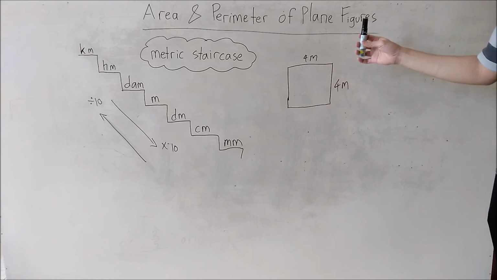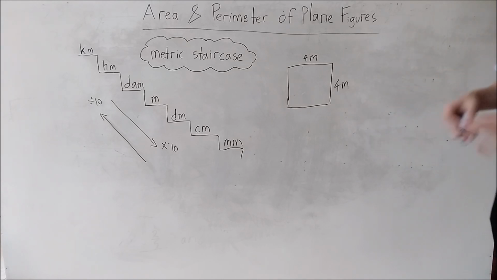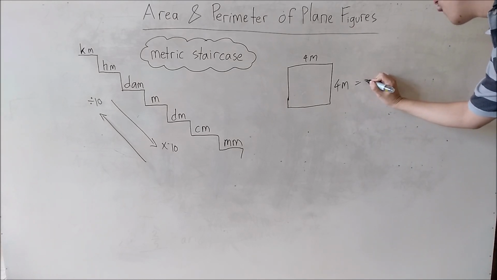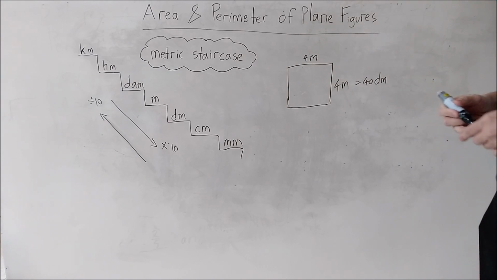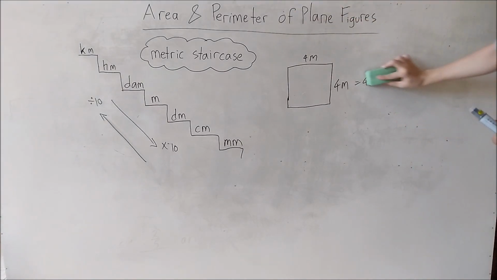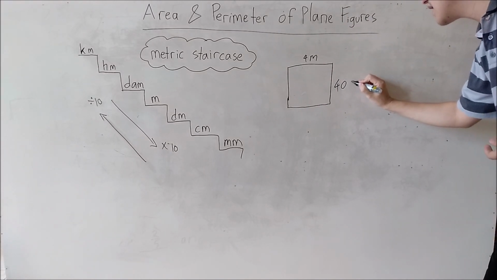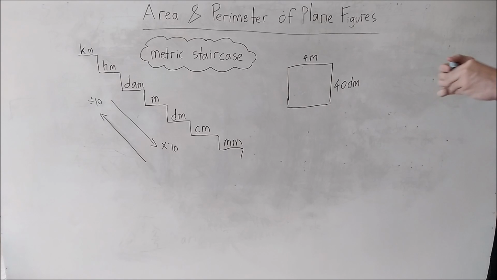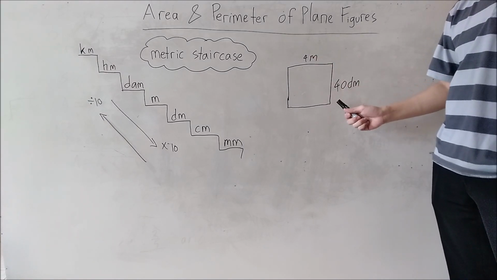That means this 4 meter will be equal to 40 decimeter. So it is okay for me to write, instead of 4 meter, 40 decimeter here. Even though the number is different, the length itself is the same.